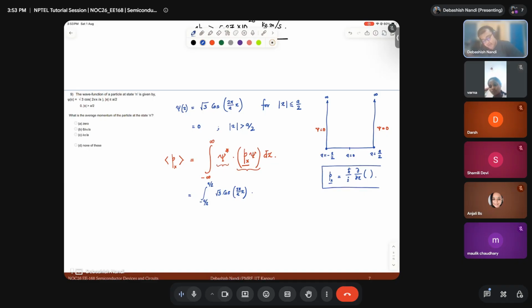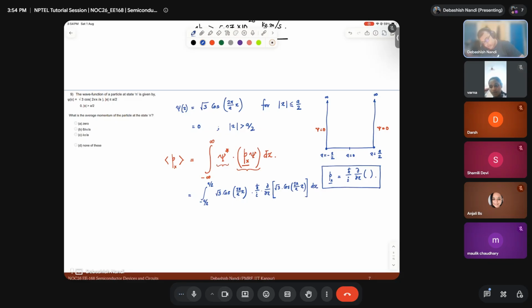This was my momentum operator. If you have any doubt, please go revisit the lectures or the recording of the previous session that we have done on last Saturday. So I will have h bar by i del x of the wave function, that is square root 3 cos 2 pi by a x and then dx.